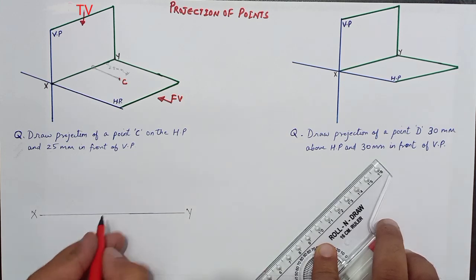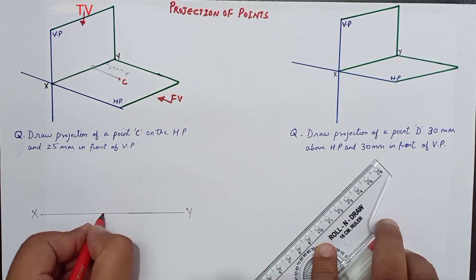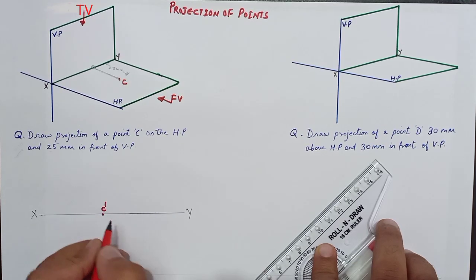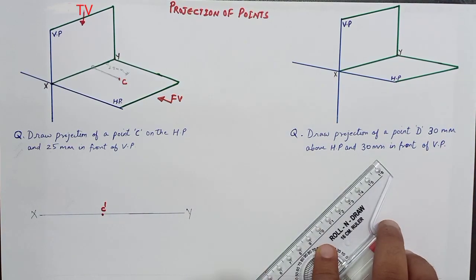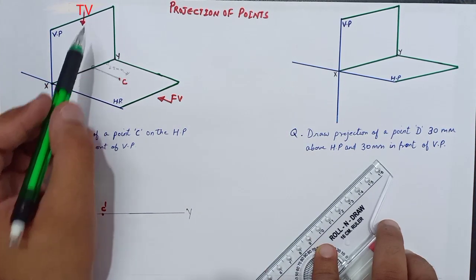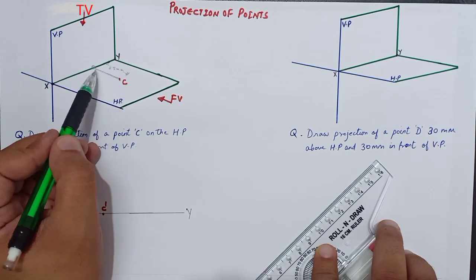So we can start with placing a point C looking from the front view. So this is a point C dash.